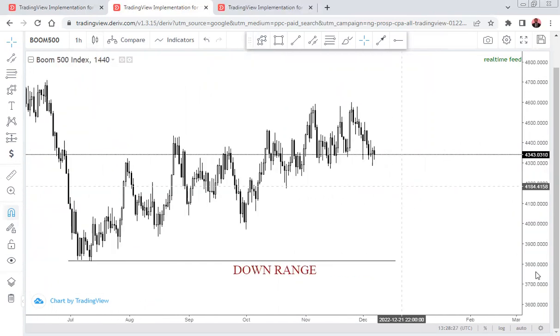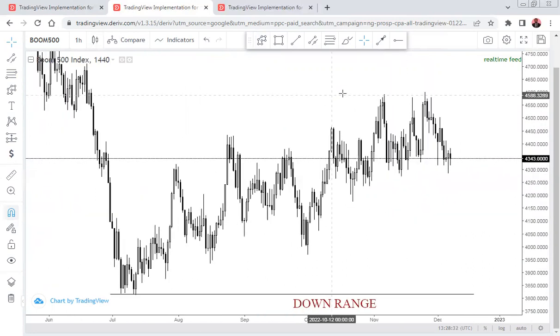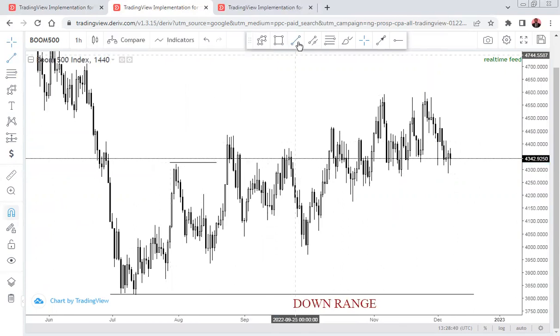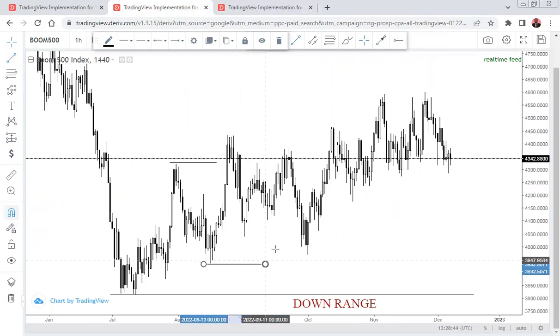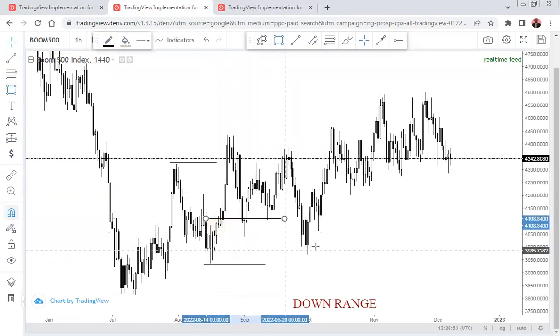Okay, as I zoom out, it becomes very clear what price has been doing. Let's look at the range within this place. This was a high, the top range, and then price came, gave us the down range. What did price do? Price traded back to this last candle that captured all of this liquidity.